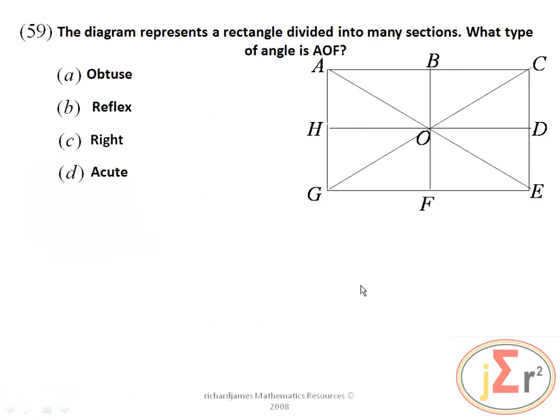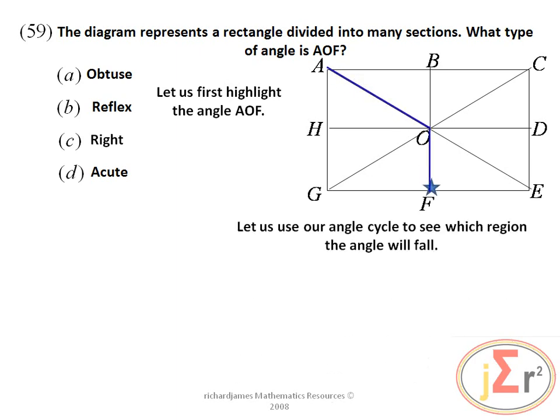The diagram represents a rectangle divided into many sections. What type of angle is AOF? So let us first highlight the angle AOF. So let us use our angle cycle to see in which region the angle will fall.